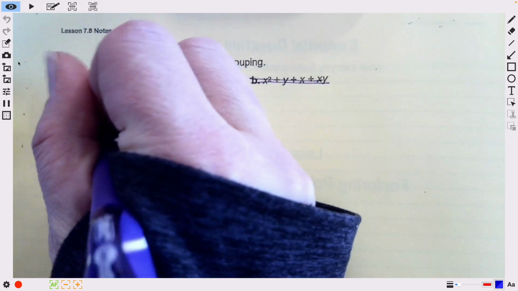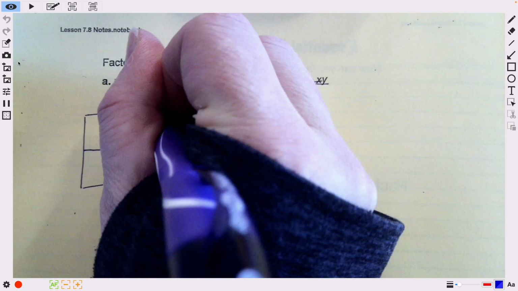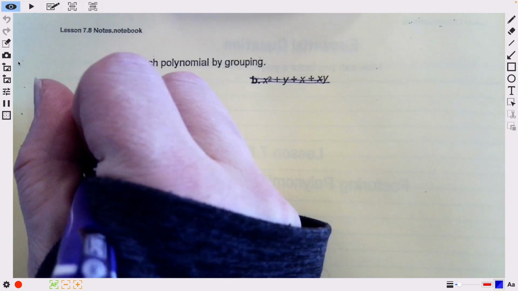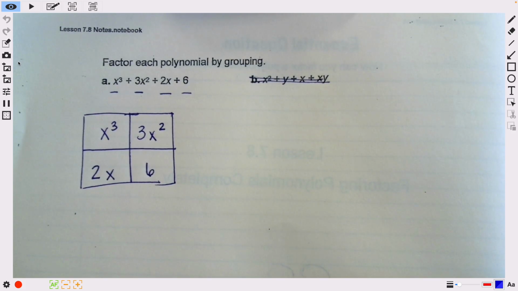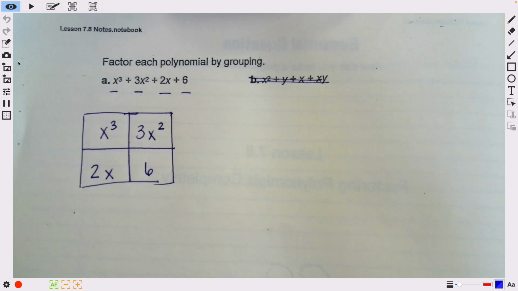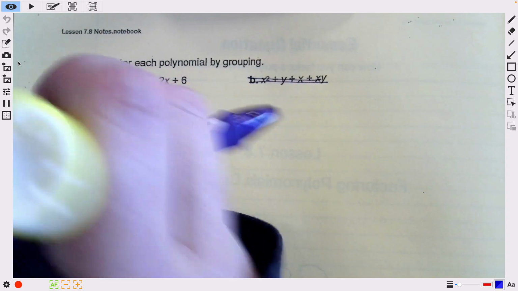So I usually go, okay, x cubed is going to go in the first box, 3x squared in the second box, 2x in the third box, 6 in the fourth box. I just go in order. So I don't even make it a big deal. But you put each term in a square. And then just like in the X box method, once you have it all laid out in the square, your goal, the puzzle to solve, is what multiplied to make all of that.